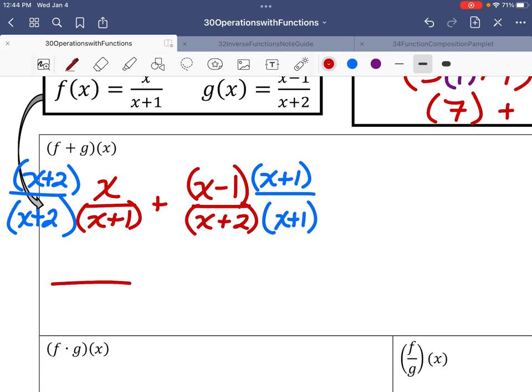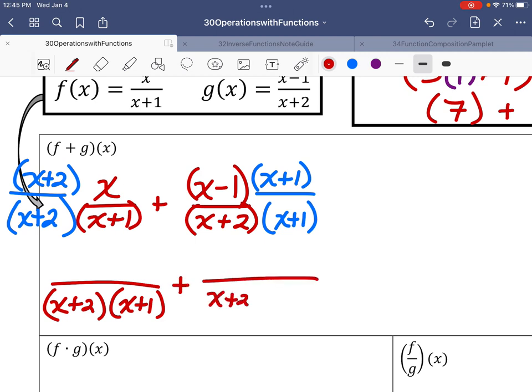Okay, things are going to get a little more interesting here. But first of all, I see that my denominators are the same. That's good. That means they're common. But I see that my numerators are changing.